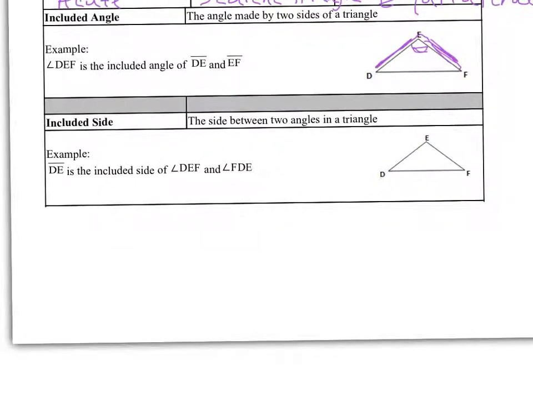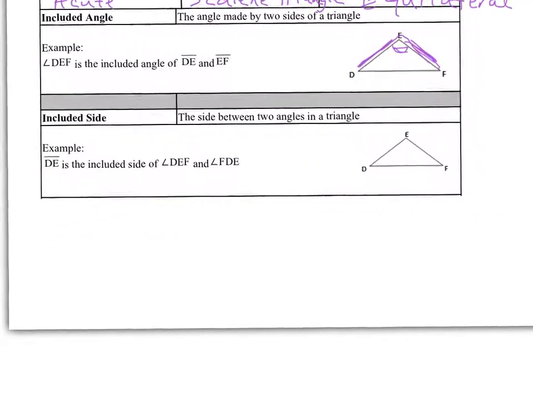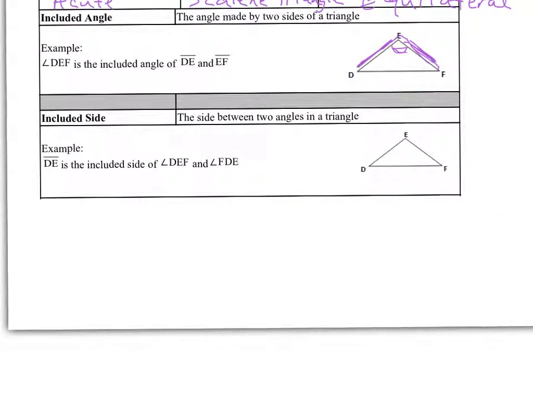So the angle between two sides is the included angle, and then the included side is the side between the two angles. So in this one here, DE is the included side of the angle DEF and FDE.